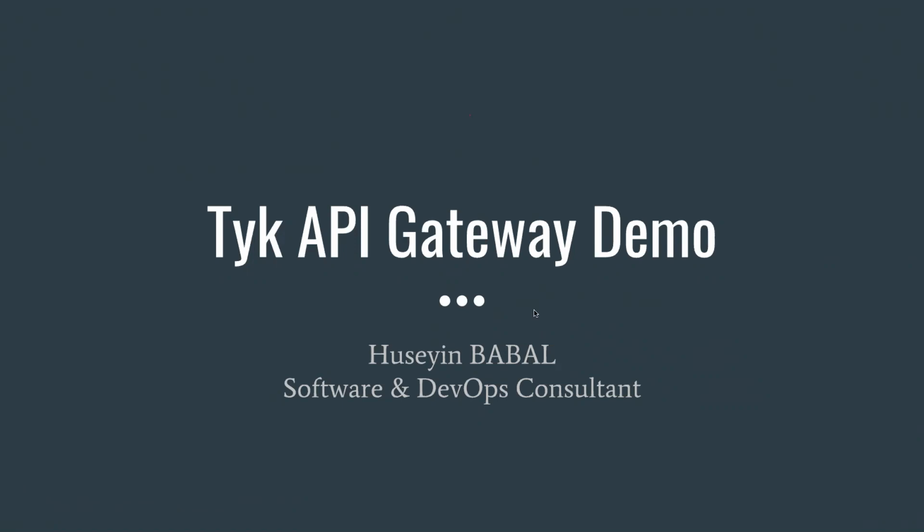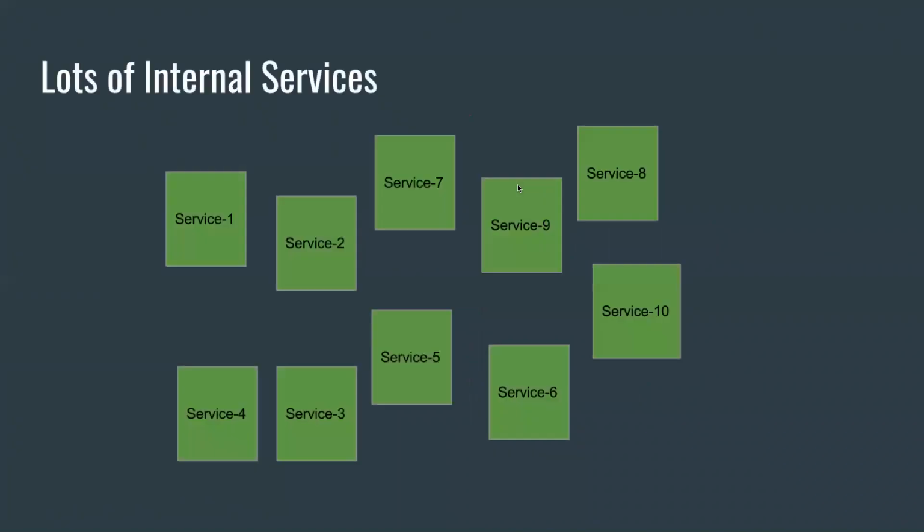In this session, I am gonna do a Tyk API Gateway demo, but before proceeding with the demo, let me provide a little information. Why do we need an API gateway? Let's say that we have lots of internal services in our company. After a while, we decided to expose those services publicly.